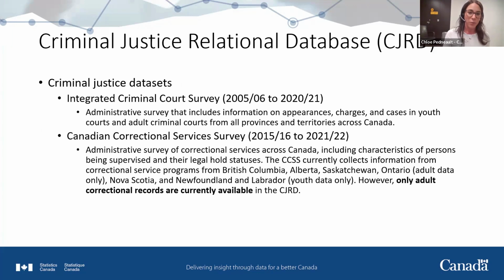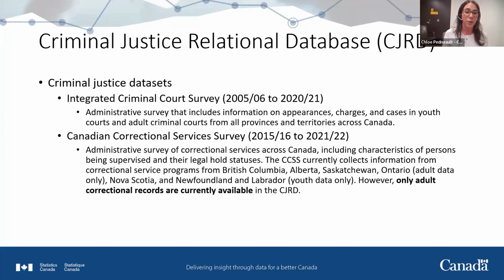So, as I mentioned before, the platform consists of two criminal justice data sets. The first is the Integrated Criminal Court Survey, which basically covers all charges that have been completed in criminal court, youth court and adult criminal court, for all provinces and territories across Canada. So this is really a wealth of information for criminal charges and convictions in Canada.